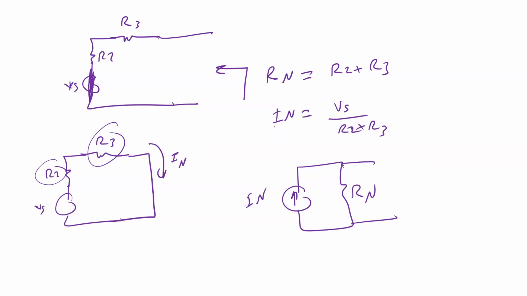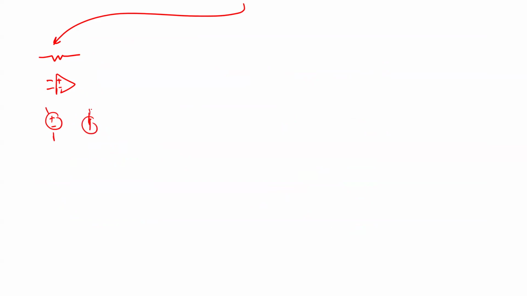Okay, so I will tell you what we did in this course so far. In the very beginning of this course, we only considered resistance, whether the circuit has an op-amp, or a voltage source or current source, dependent or independent.